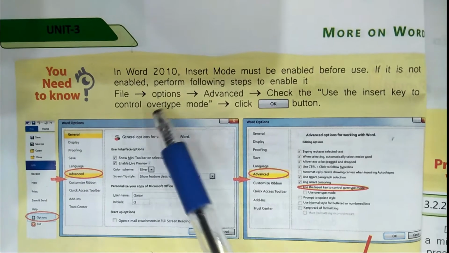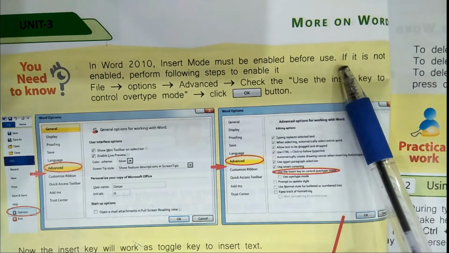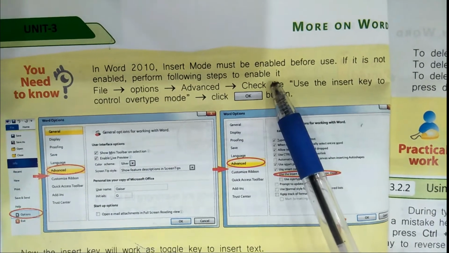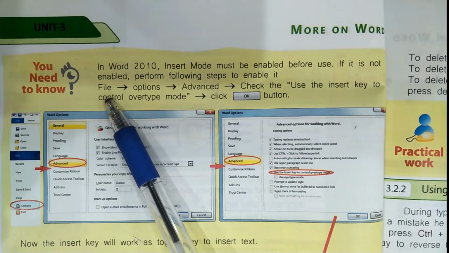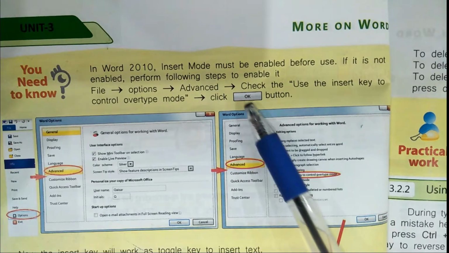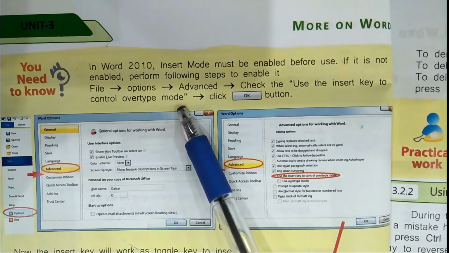You need to know this, students. In Word 2010, insert mode must be enabled before use. If it is not enabled, perform the following step to enable it. First one is go to the file, then options, then advanced. Check the use the insert key to control our type mode.